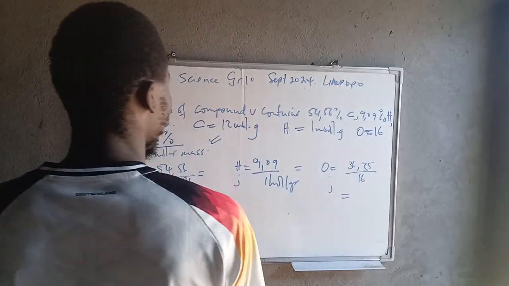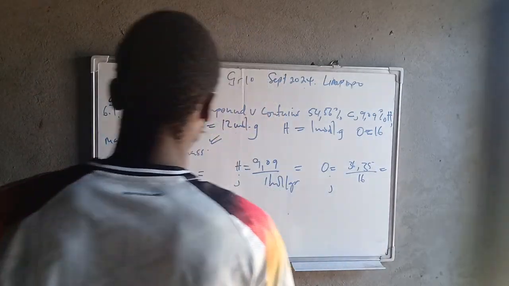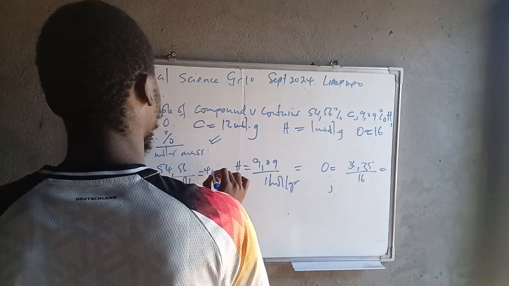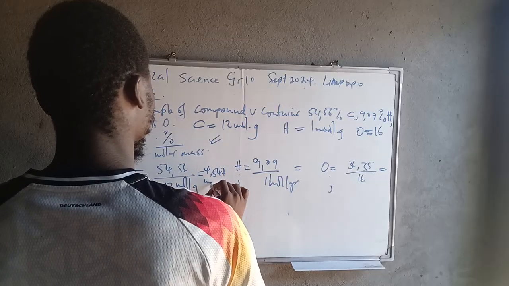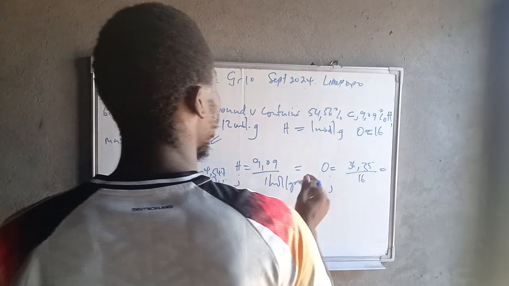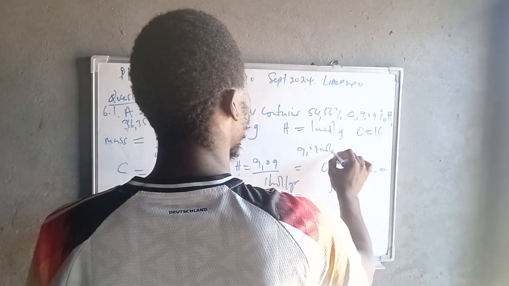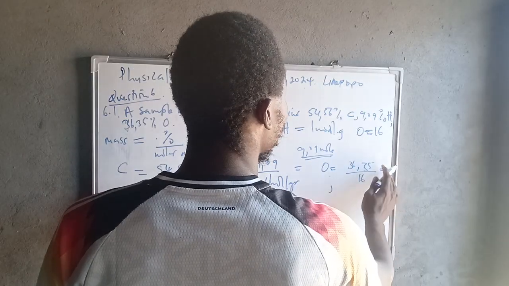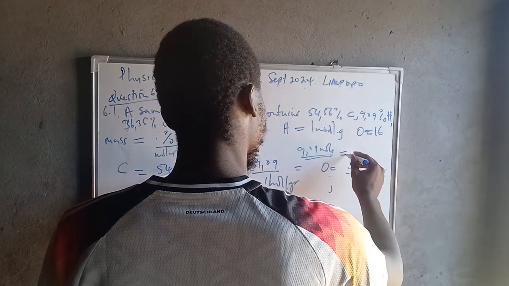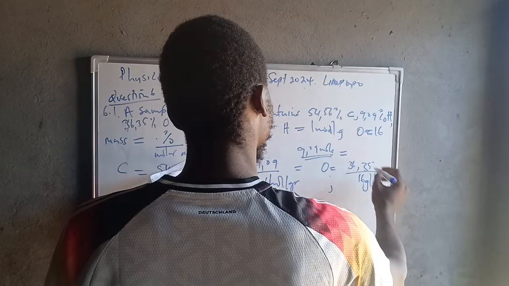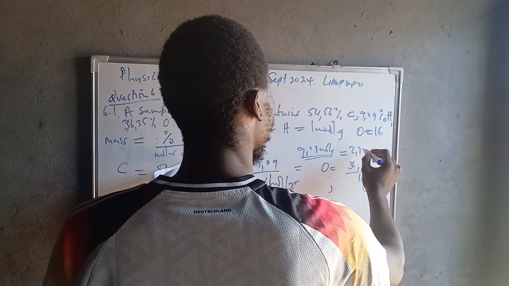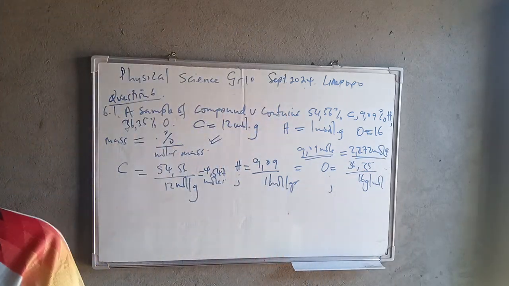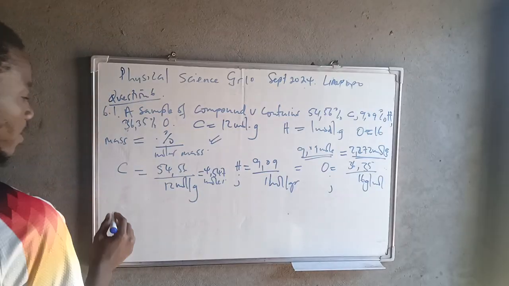So now we want the answers. 54.56 divided by 12 gives 4.547 moles. For hydrogen we get 9.09 moles, because dividing by 1 changes nothing. For oxygen we get 2.272 moles.